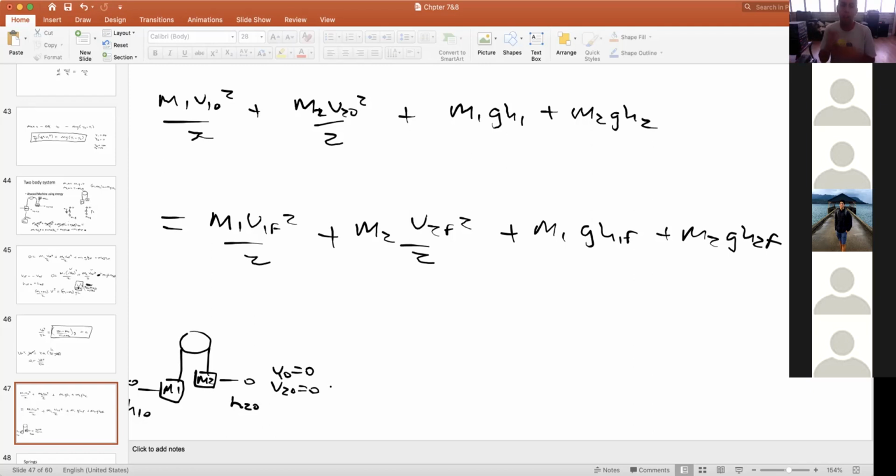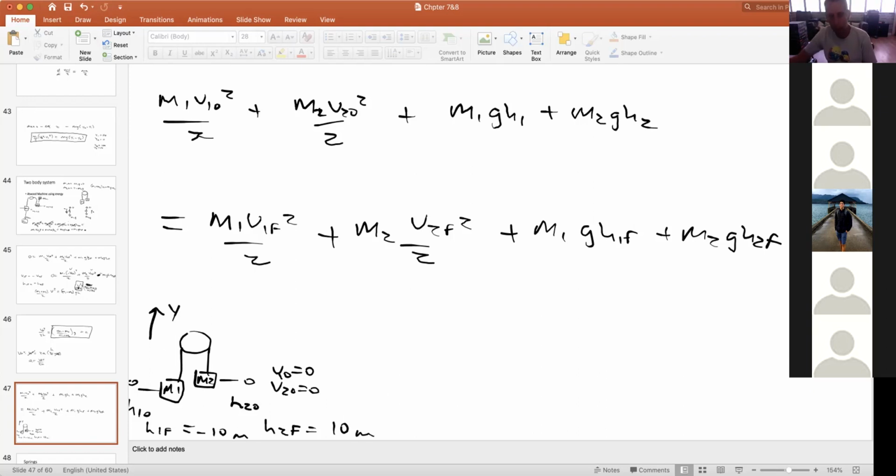And then once it falls 10, what happens? Well, H1 final will be minus 10. It has to be minus because we have to choose Y positive up, because gravity is negative, down. So H1 final will be negative 10. H2 final will be positive 10 meters.